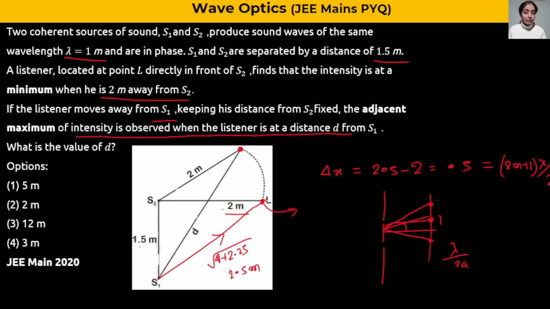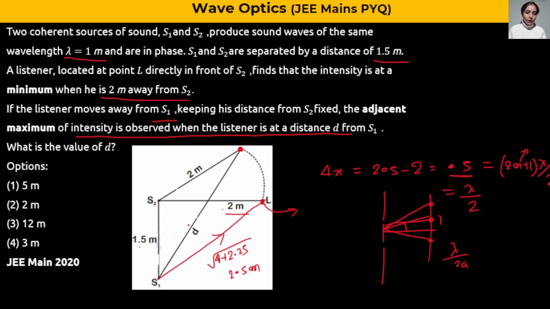So we need to check which minima this is, okay? So your wavelength is 1 meter and this is 0.5. So 0.5 is nothing but lambda by 2, right? 1 by 2. Done. So here the value is 0 basically and this is lambda by 2. So this is first minima and so this has to be first maxima. And for first maxima your path difference should be equal to lambda. So we need to find the value of d.